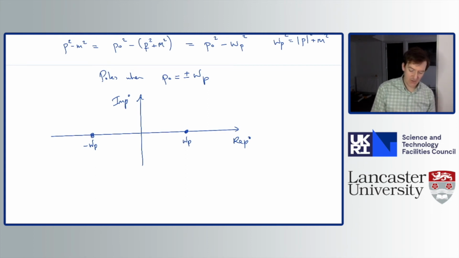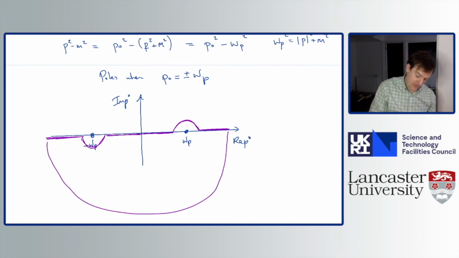The contour that we're going to define, that gives us the result we want, namely that this d⁴p integral comes back to the d³p integral we had before, is the following. We go around this minus pole in this direction. Our contour does this, and then we close it in the lower half plane, so we have a loop that goes to infinity, essentially.